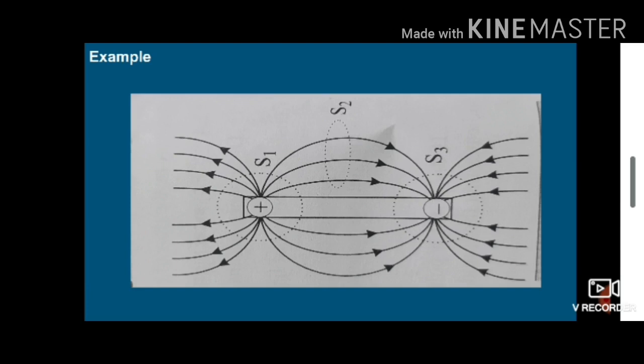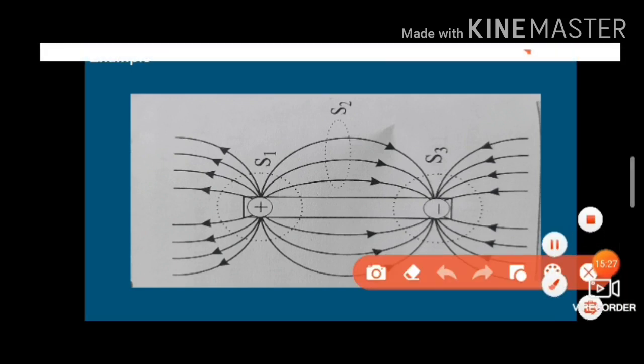Now see the example of positive divergence, negative divergence and zero divergence. Consider a closed surface S1, shown by dots.